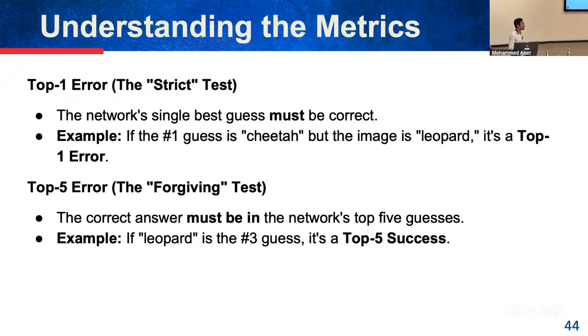If the top guess is wrong, then it's considered a top-1 error. The top-5 error is more forgiving. You get 5 guesses, and if your answer is any of the top 5, then it's considered a success. If not, then it is considered a top-5 error.